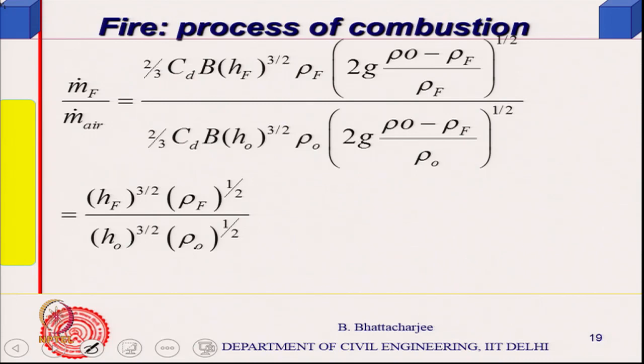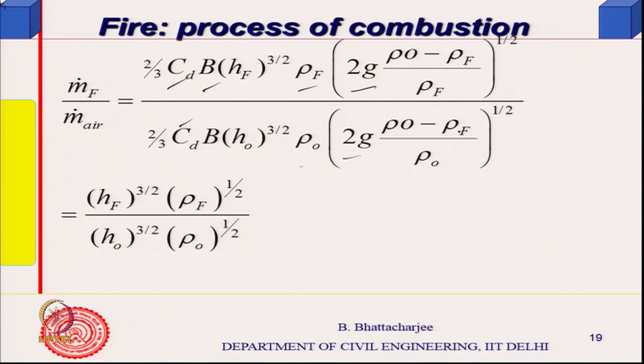So, this ratio I can find out, and if I assume phi equals to 1, this ratio must be related to 1 by R. If I take this ratio, this cancels out, this cancels out, this would be there, and from here actually this will also cancel out from inside, the other things would be there.